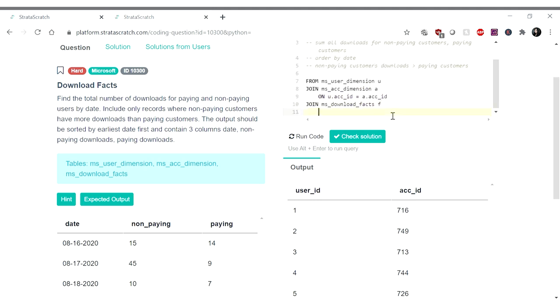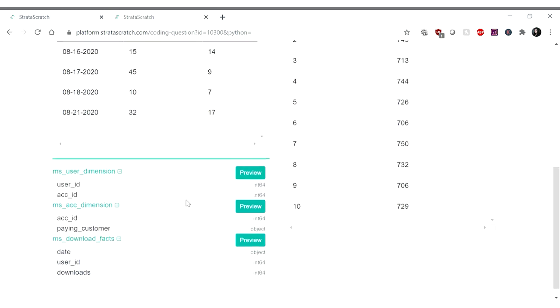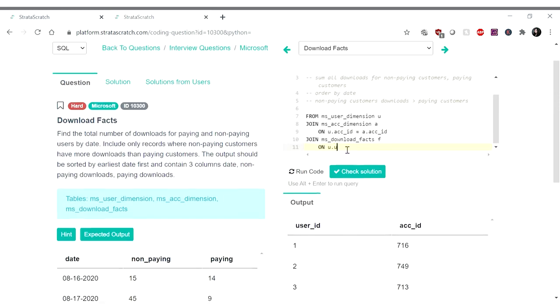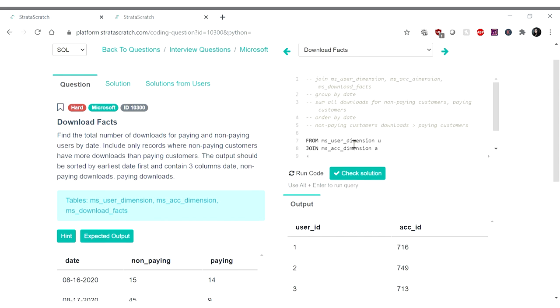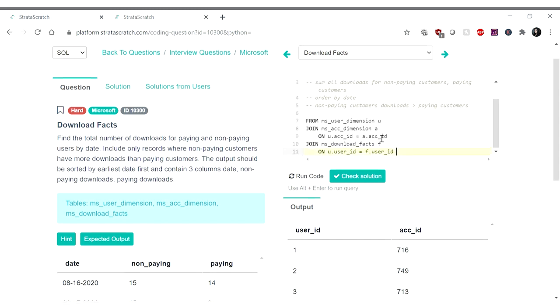And for this one, we are joining on U dot user ID equal to F dot user ID. Cool. Group by date.